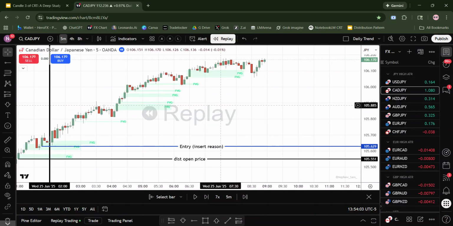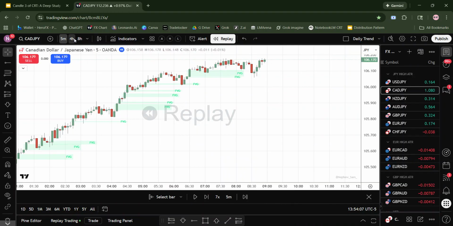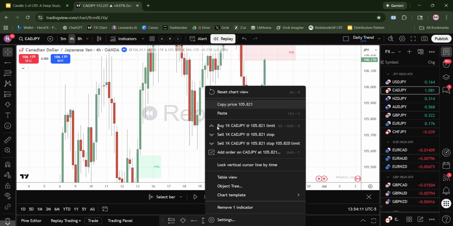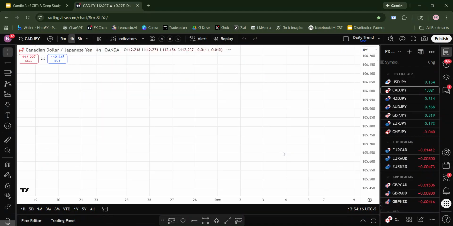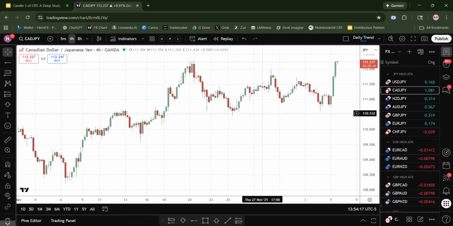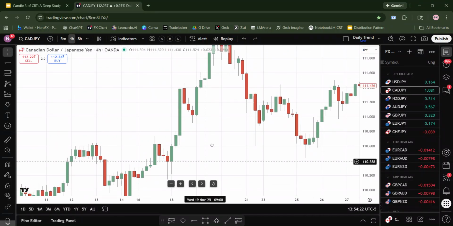You know what I didn't do though is one with a wick. Let me do that because that's very important. So I'm going to go to the 4 hour for that one. Let me get rid of all drawings and indicators and get out of the replay. Let's find one with a wick that's less than 10 pips. This one I'll just try to do manually.